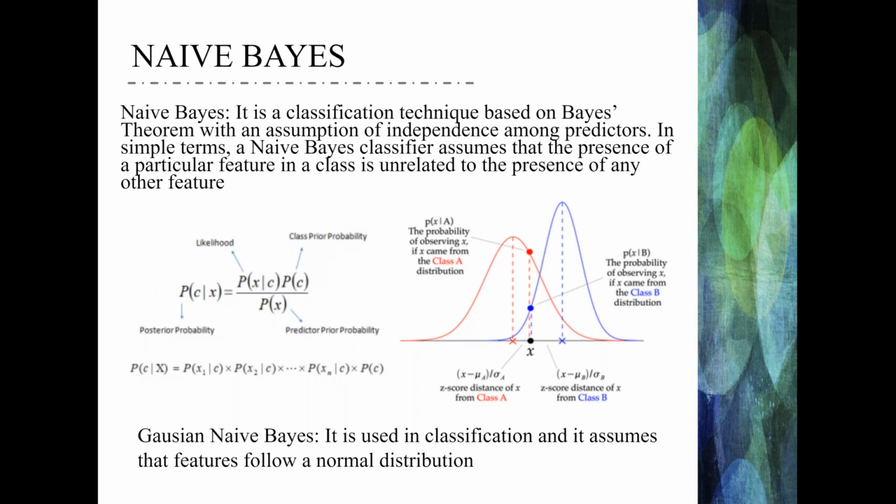We calculate the prior probabilities, which is P of C over here in this formula. The prior probability is calculated whether the person has a disease or not based on the training data set.